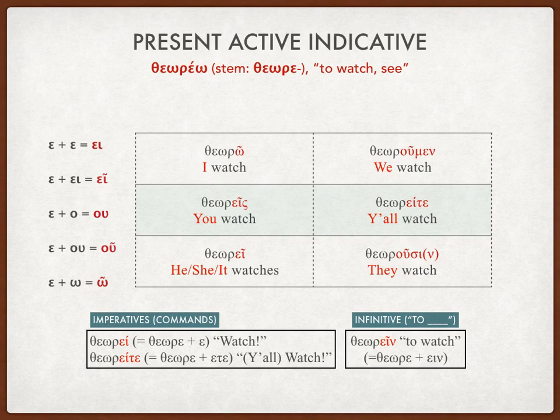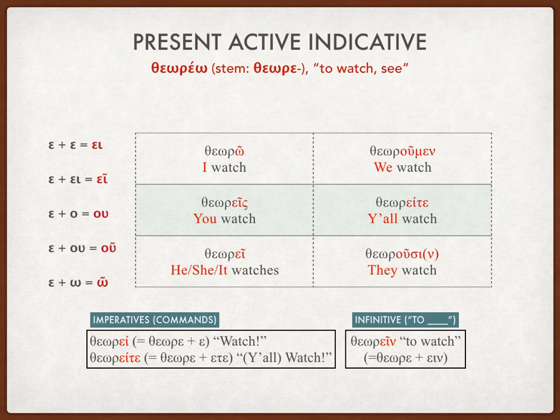So for instance, if I want to use the verb theoreo, which means I watch or I look at, it's the root for theory or something like that. When I say I watch, I'm going to start with theore, my stem, add omega for I, and as you can see at the bottom of the left-hand side, epsilon and omega gives me a longer omega. That's not too difficult, so I would say theoro, I watch.